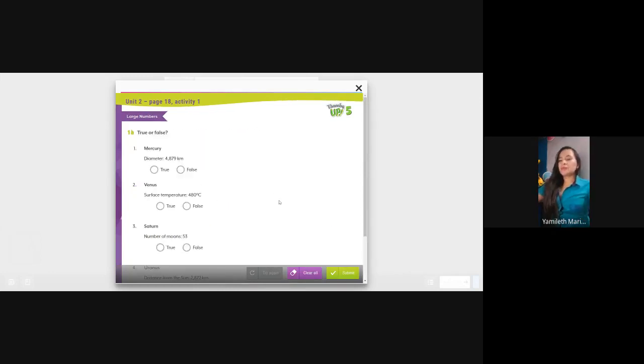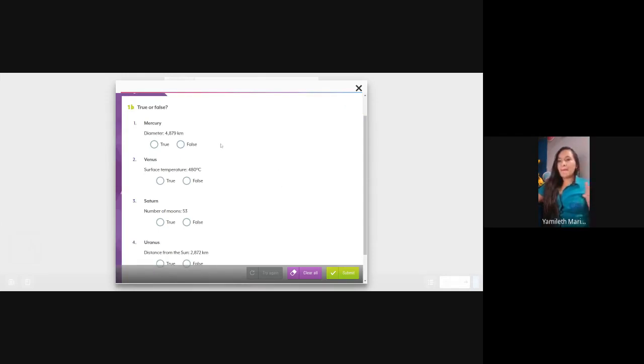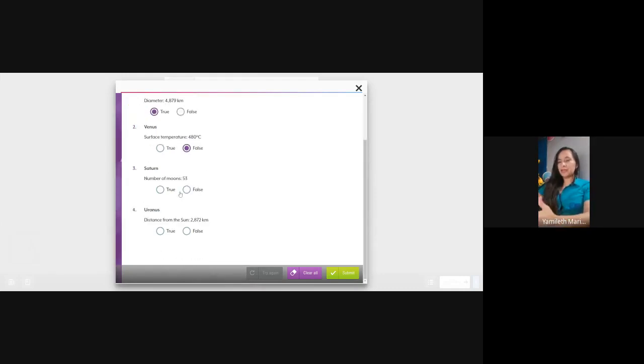Then we have true or false. Number one, Mercury diameter, 4,879 kilometers. True or false? We are going to click on true. Then we have Venus, surface temperature 480 degrees Celsius. Saturn, number of moons, 53.